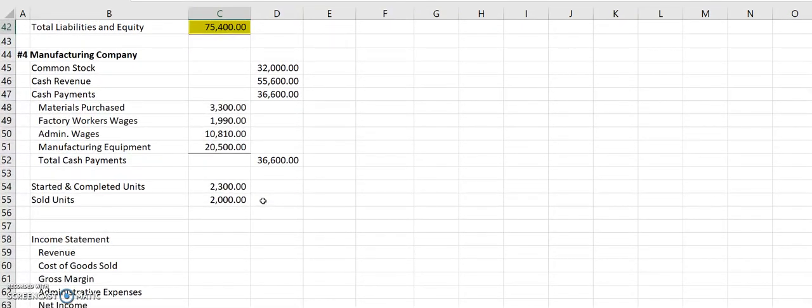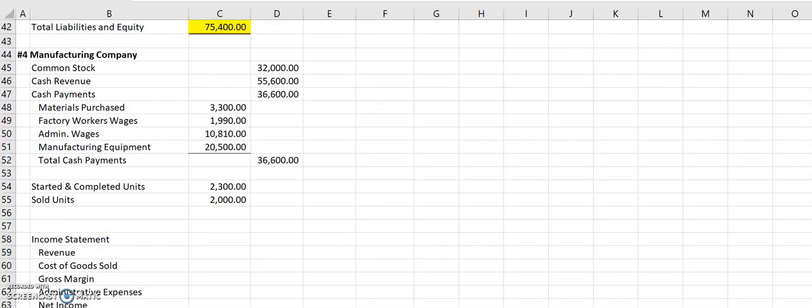Next up, we have our manufacturing company. So a few different facts and circumstances related to that. This one's going to be obviously the most complex in our calculations. But again, we still have that $32,000 in common stock that we sold. We still have our cash revenue of $55,600, but now our cash payments of $36,600 is chopped up a few different ways.